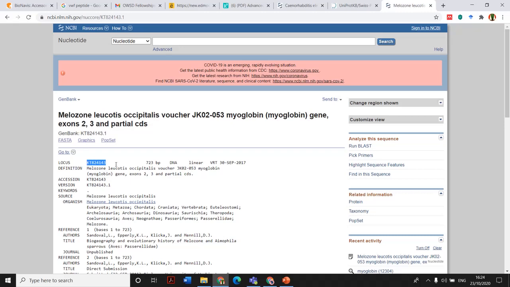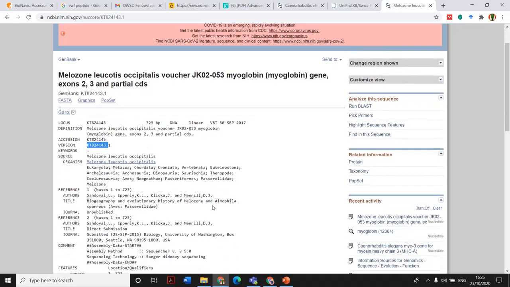This is the reference number for this particular protein. Whenever you want to access this, you can just put that in, and here is your organism. The organism is a little bit detailed over here, eukaryote and chordata, so it's basically a vertebrate myoglobin.